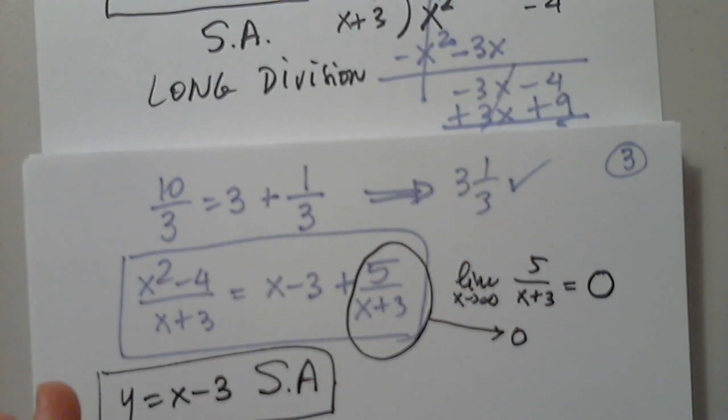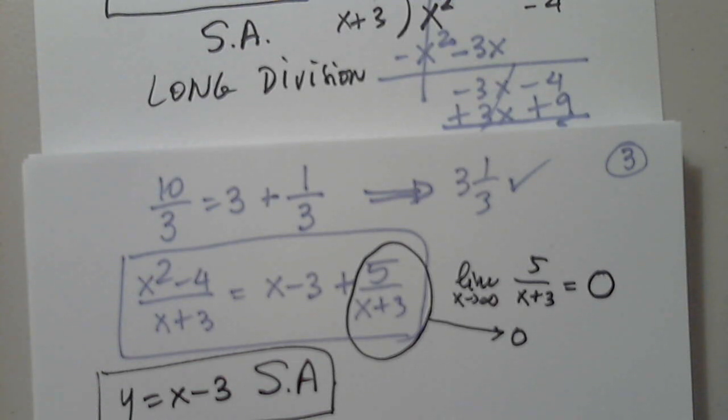I'm not going to ask you to graph these, but I want to show you the graph. So allow me to just share my screen so you can see what's really happening. So the function was x squared minus 4. Don't forget parentheses.